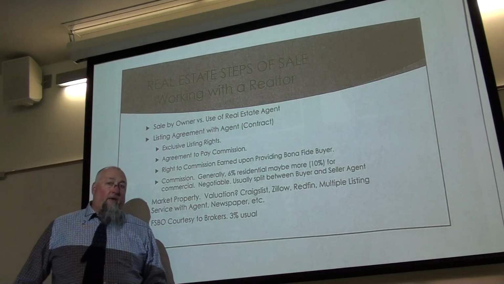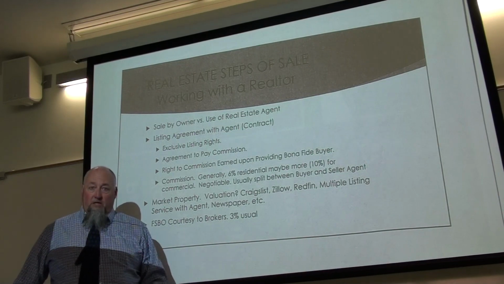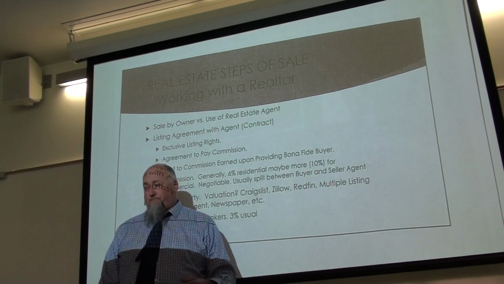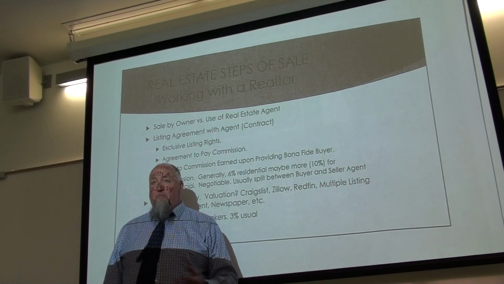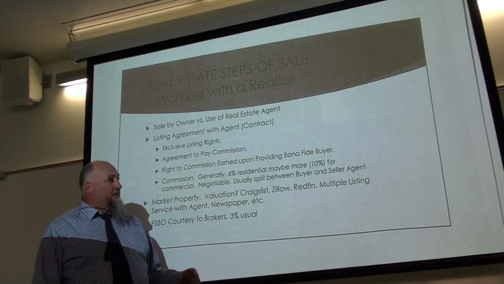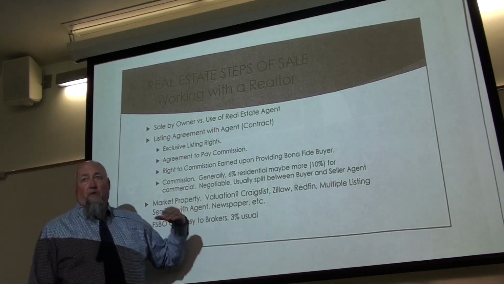Now, you can get around that problem and not have to pay that commission if you end up selling it to a friend or a family member that you've had contact with before you've entered into the listing agreement. You exclude that from the listing agreement.